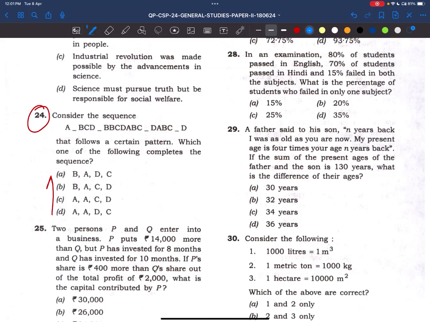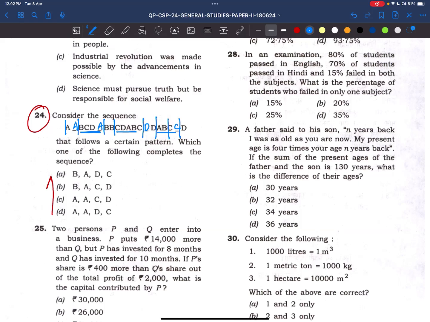I'm taking option D: A, B, C, D, A. Next again B, C, D, A, B. Next, C, D, A, B, C. Next, D, D, A, B, C, C.